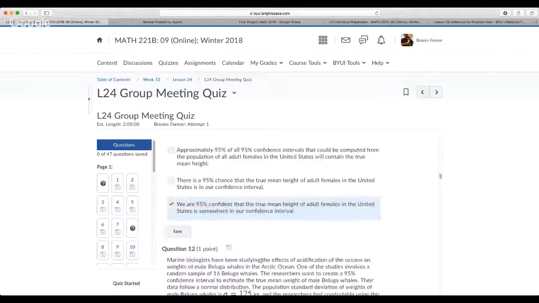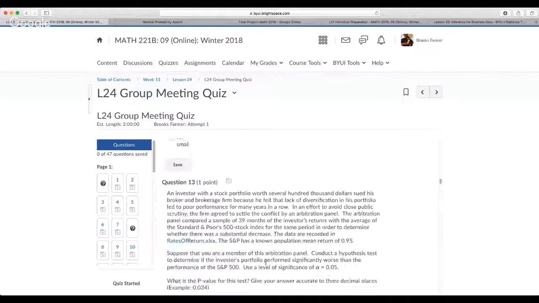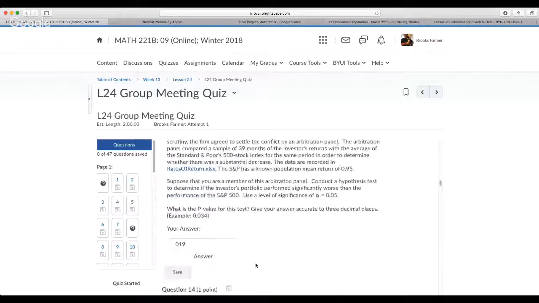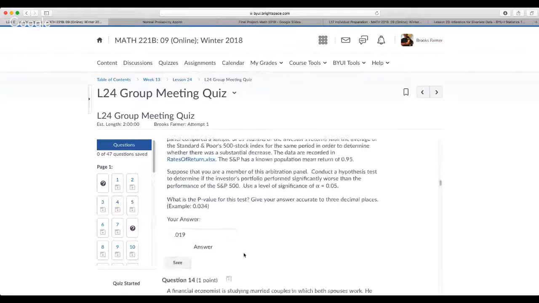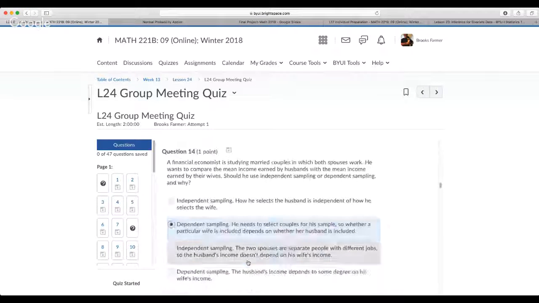12 is the second one, the distribution of sample means is normal because the data is normal. 13 is 0.019. 14 is dependent sampling, and it's the first one.